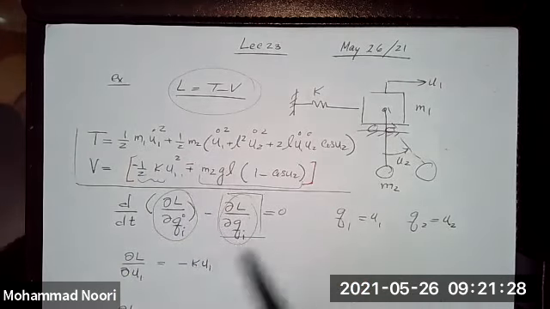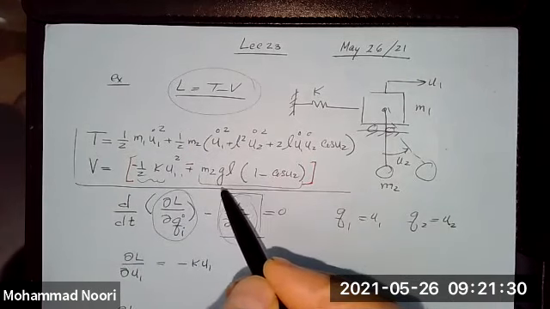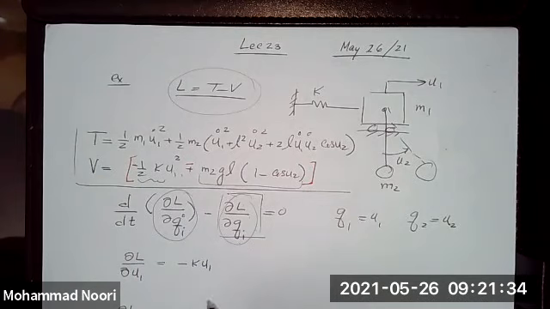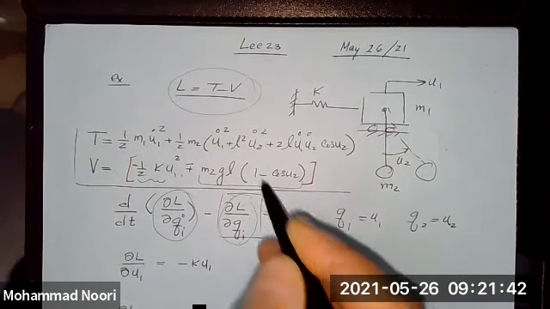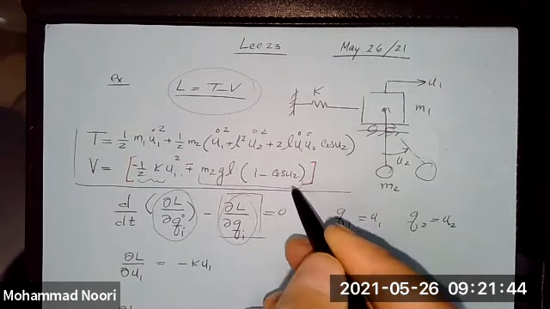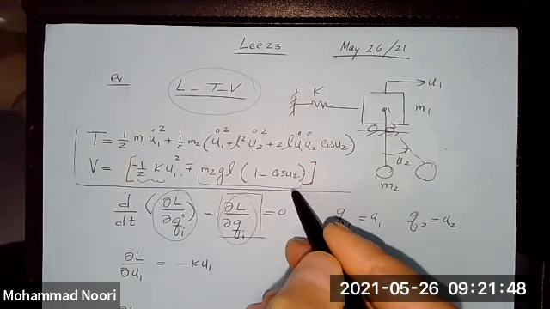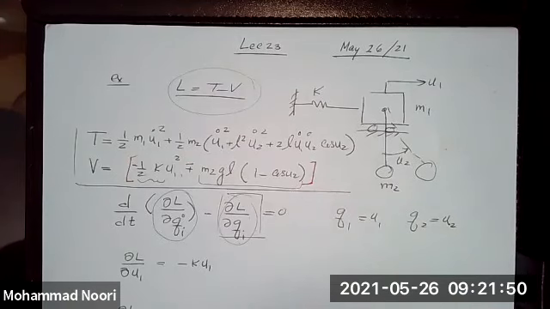So if you take that derivative, it would be minus m2 g L constant times the derivative of this, which would be u2 times the sine of u2.